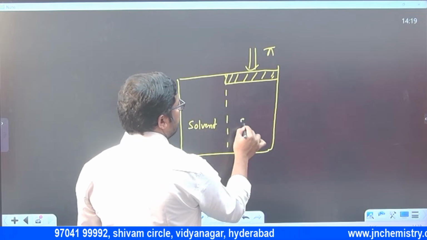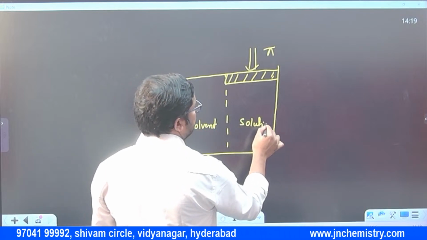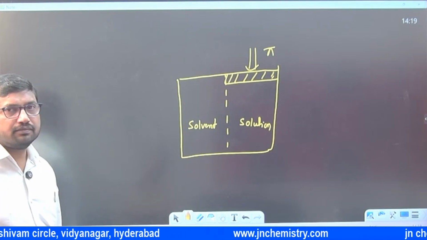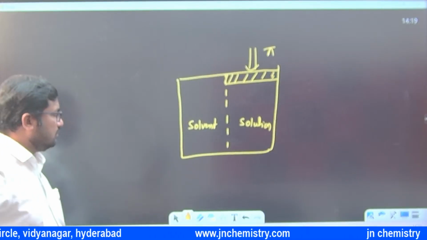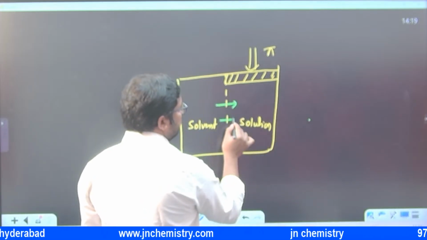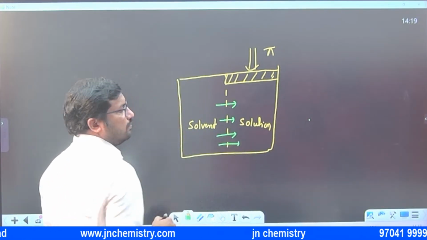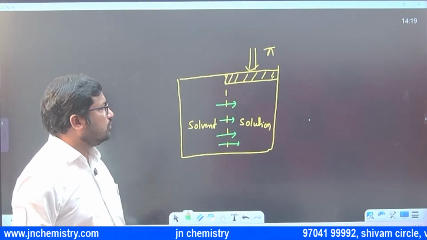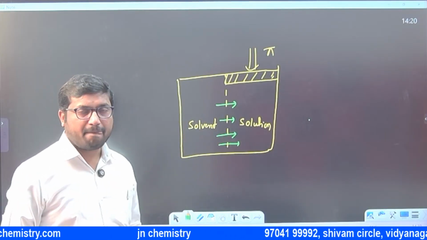It is solvent, it is solution. So now the solvent will move in which direction? Left to right, right? Yes or no? Because it is more solvent, it is less solvent. So now, Vanshika, clear? Neeraja?